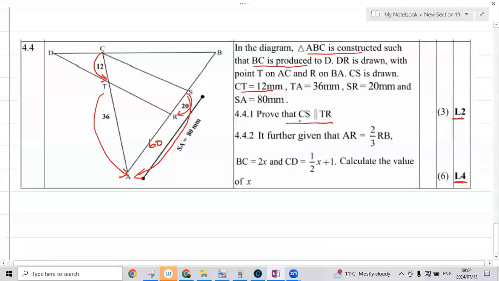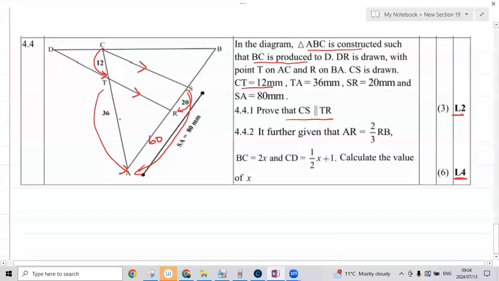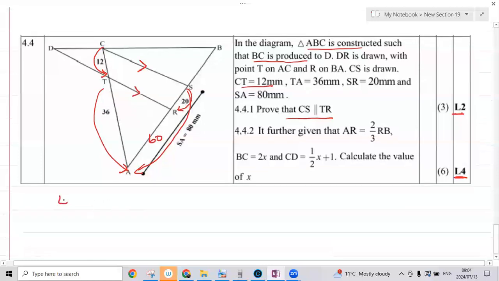So now let's try and prove, what do they want us to prove? CS is parallel to TR. So where's CS? CS is here. CS parallel to TR. So if I'm going to prove these two lines are parallel, then I must be able to prove that these sides are in proportion. So let's go and do that. Okay, so the first thing I'm going to do, 4.4.1, is I'm going to write down AR.